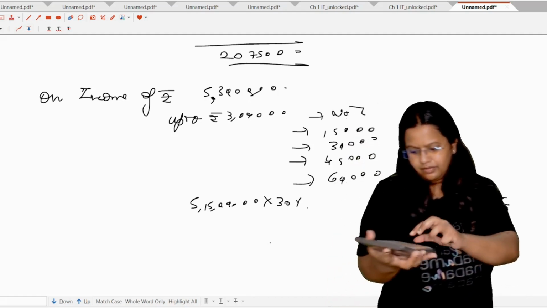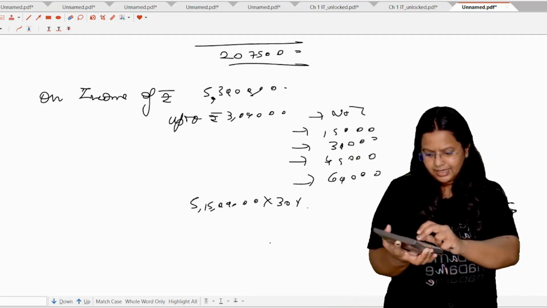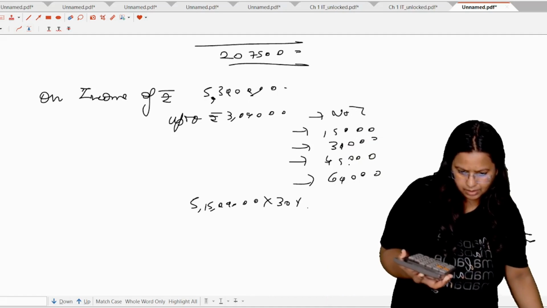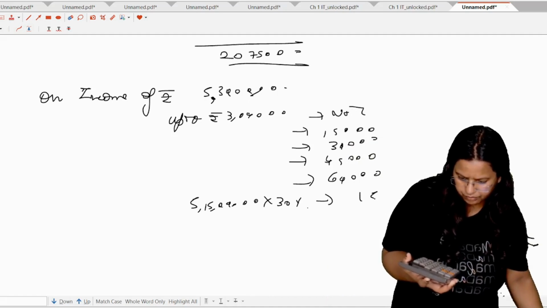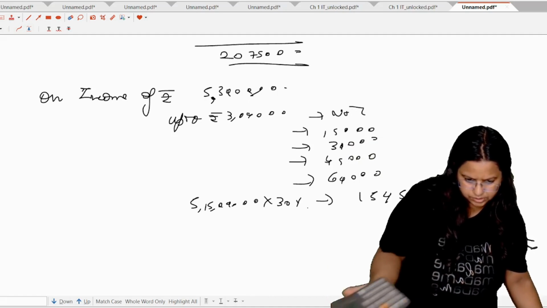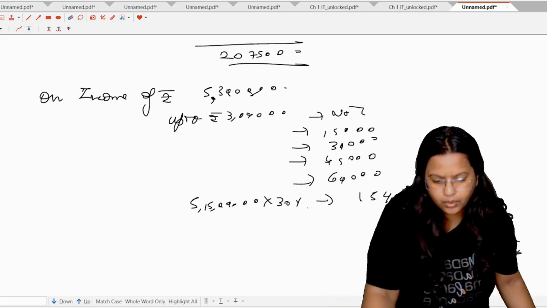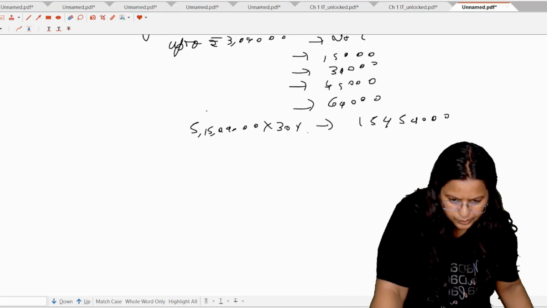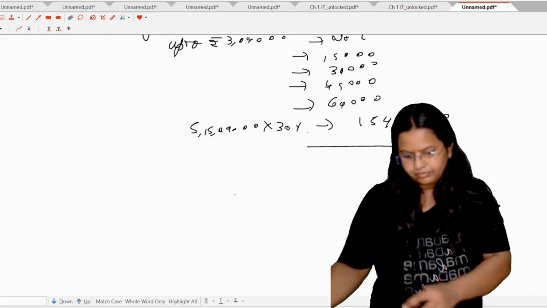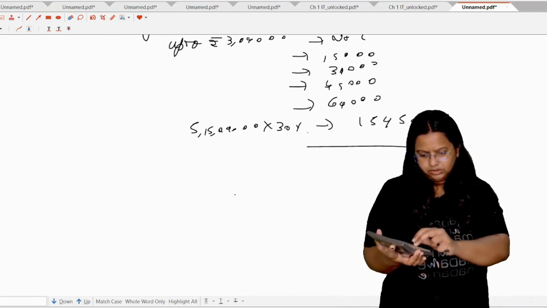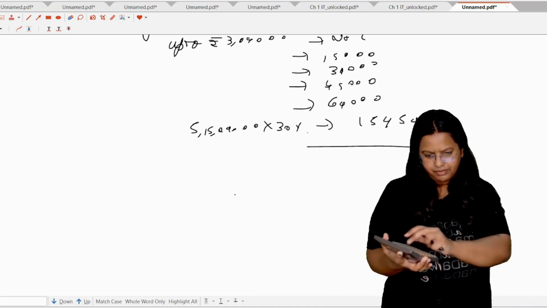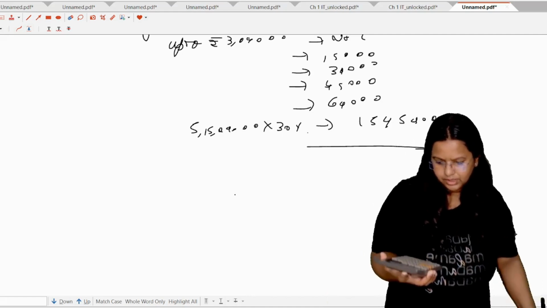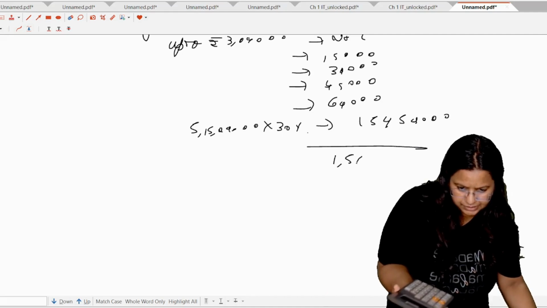So it comes to 1 crore 54 lakh 50,000. So the total tax liability here is, let's calculate it, plus 15,000 plus 30,000 plus 45,000 plus 60,000, 1 crore 56 lakh.